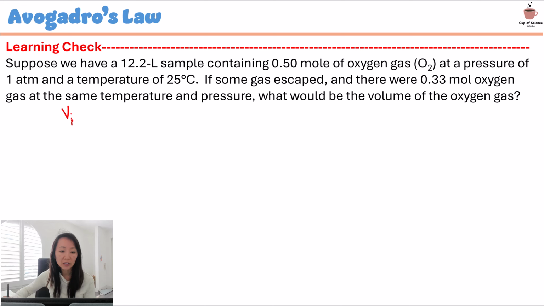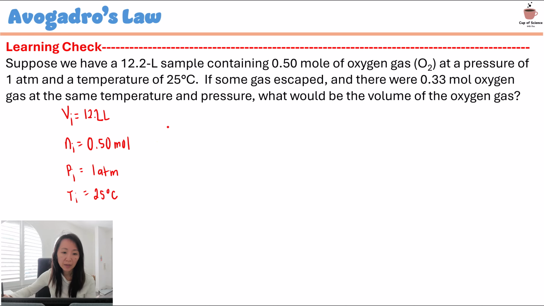So I like to set this up by writing down the initial volume, 12.2 liters, and also the initial number of moles, 0.50 moles. Now the pressure initially is 1 atm, and the initial temperature is 25 degrees Celsius.